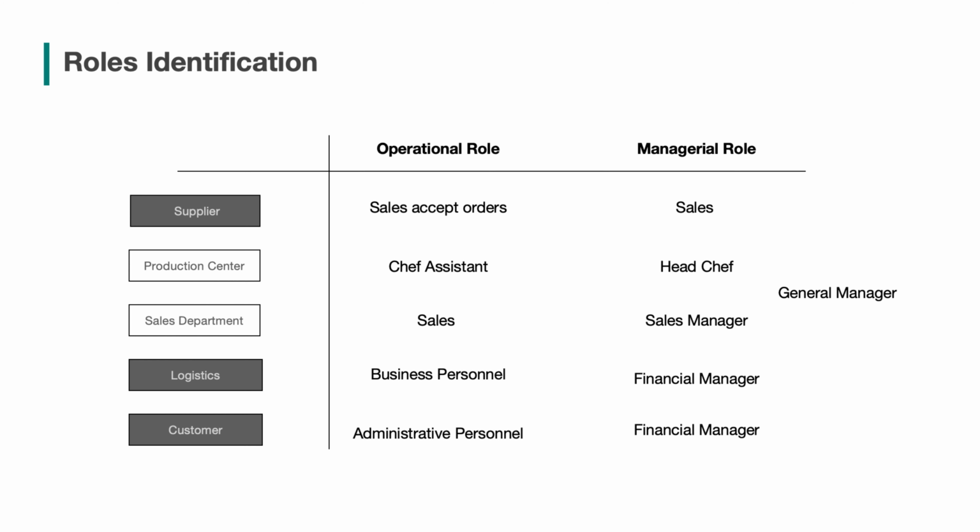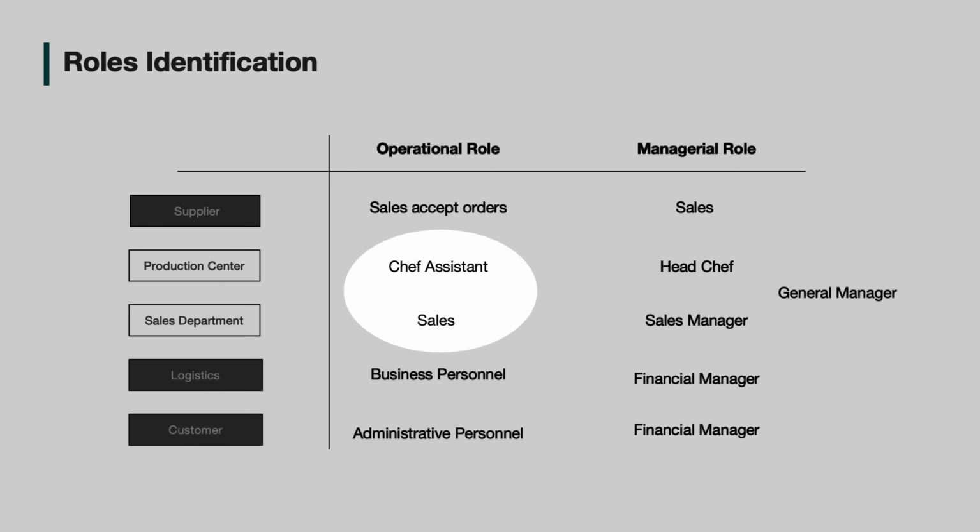With this analysis in place, we will now systematically clarify all roles involved in the processes, which can be categorized into operational and managerial tiers to reflect hierarchical responsibilities and data access needs. This table expands on the list of roles based on the primary entities involved. For simplicity, this case focuses on two functional departments and the role of general manager. This provides the starting point for RPIC, role. Subsequent efforts will revolve around the perspectives of these roles.